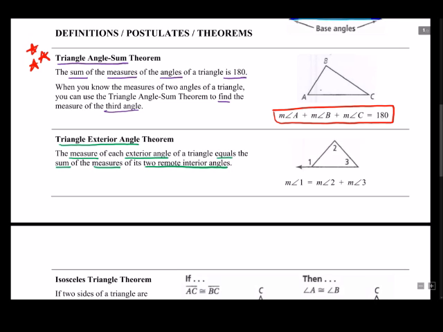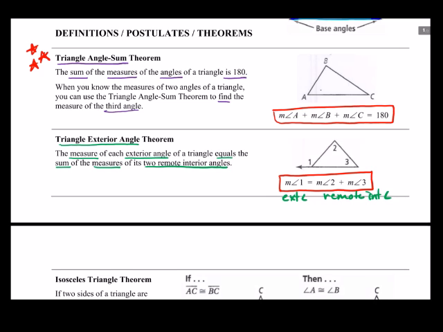The angles that are far away from it here are its remote interior angles. The measure of our exterior angle is the sum of measure angle 2 and measure angle 3, the remote interior angles. This is our exterior angle, and these are the remote interior angles.